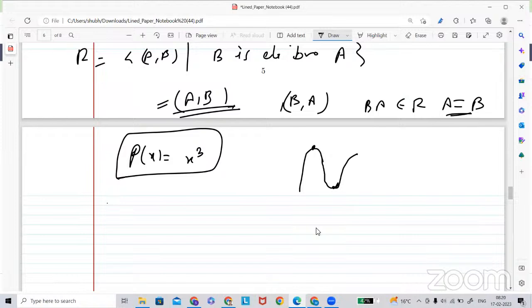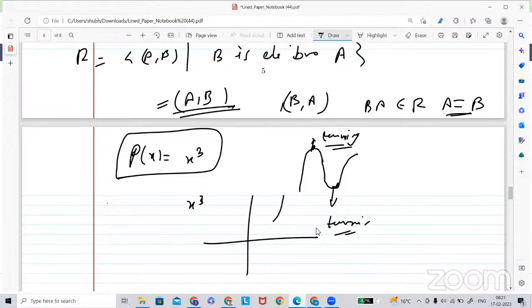These points are only called turning points. When you come to the calculus portion, you will see that these points are only called turning points. Now think about x cube. What could you say about x cube? It is like this, I think.